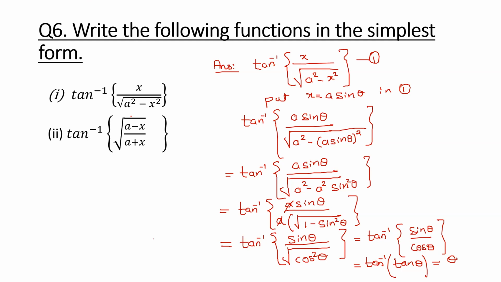Everyone, please. Okay, Atif, you have completed this. Very good. So, Atif, can you tell me in the second part, in place of x, what value can we put? A cos 2 theta. Very good. So, Atif, what final answer are you getting for the second one?